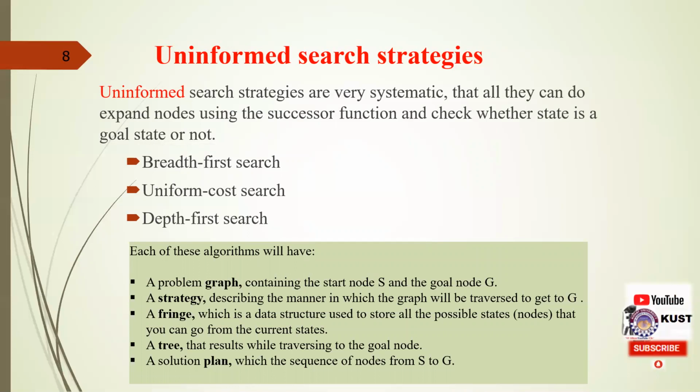Each of these algorithms will have a problem graph containing the start node and the goal node. It must have a strategy describing the manner in which the graph will be traversed to get to the goal state. A fringe, which is a data structure used to store all the possible states that you can go to from the current state.